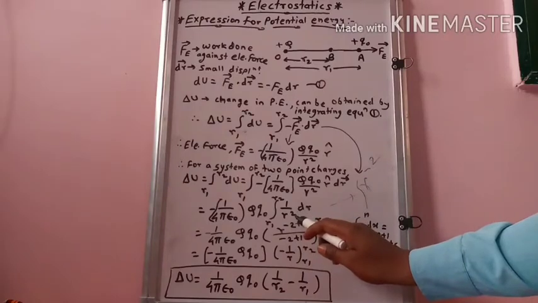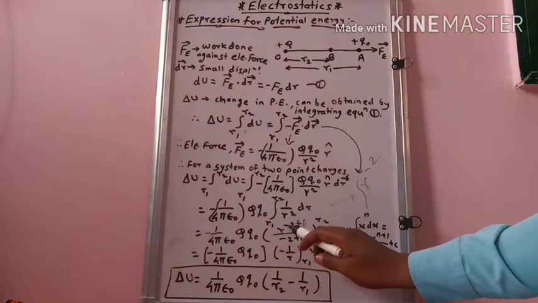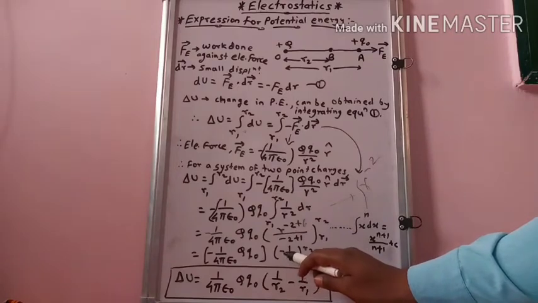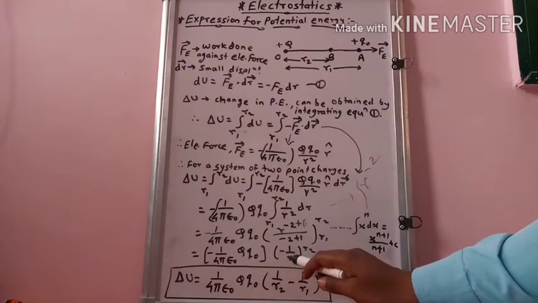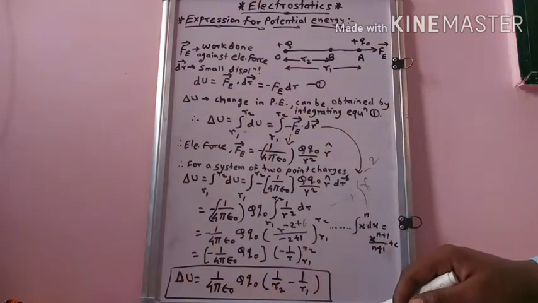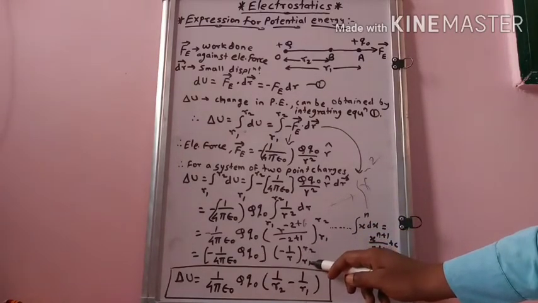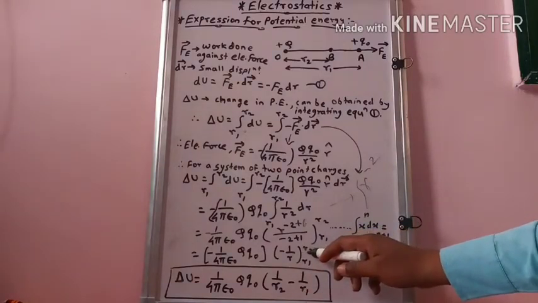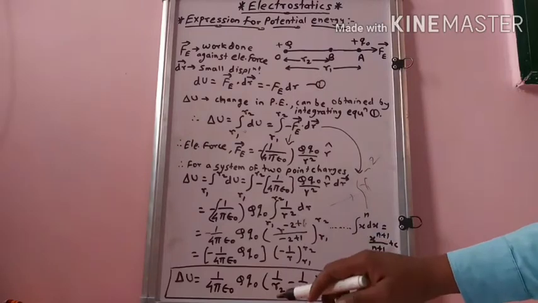This r raised to minus 1 is written in the denominator, therefore minus 1 upon r, with limits r1 and r2. Now put in the upper limit and the lower limit: first the upper limit minus the lower limit.